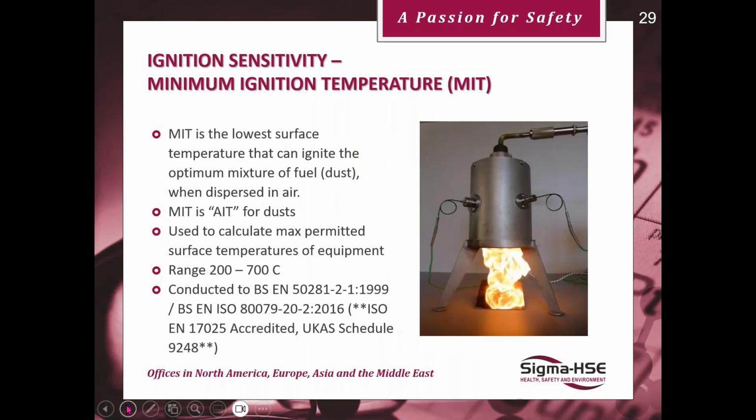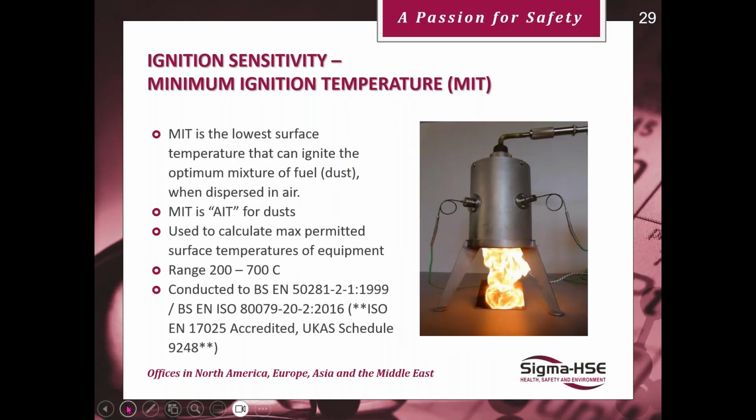Then we have the minimum ignition temperature. It's the lowest surface temperature that can ignite the optimum mixture of fuel, which is the dust, when dispersed in air. MIT is the auto-ignition temperature for dusts. You get this value, you can use it to calculate the maximum permitted surface temperature of equipment.